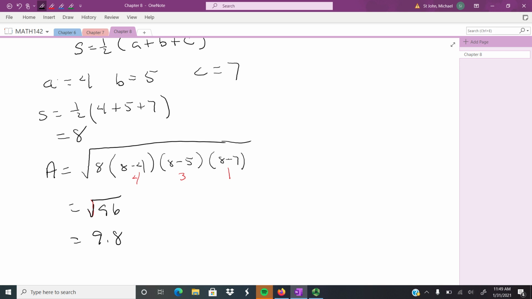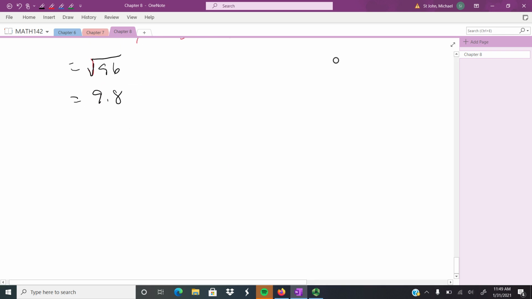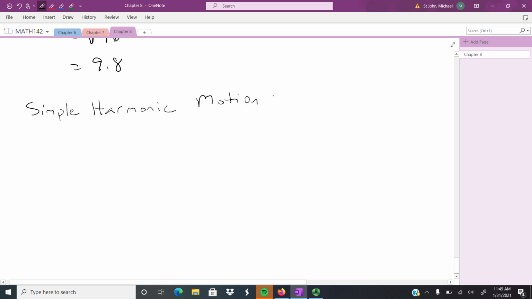And then the last thing the chapter finishes off with is in terms of harmonic motion. So simple harmonic motion, or SHM. And so you have either in terms of this form d(t) equals a cosine omega t, or d(t) equals a sine omega t.